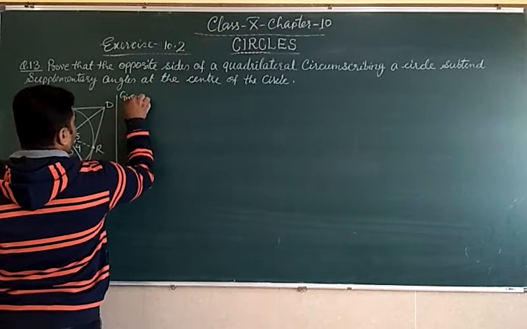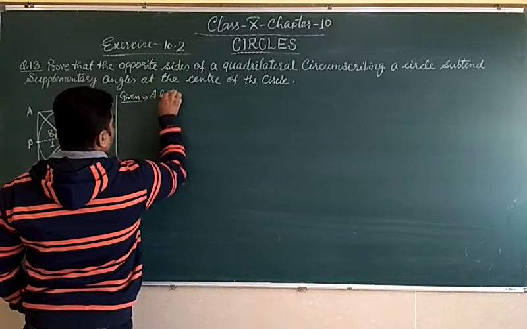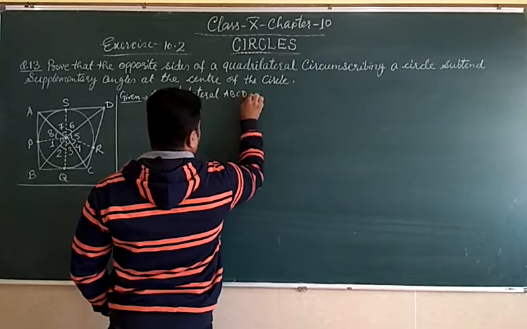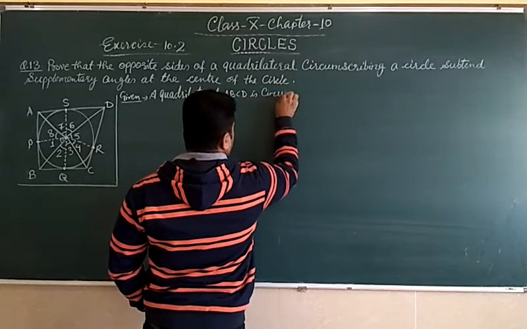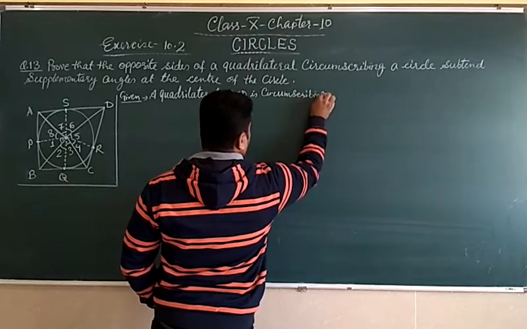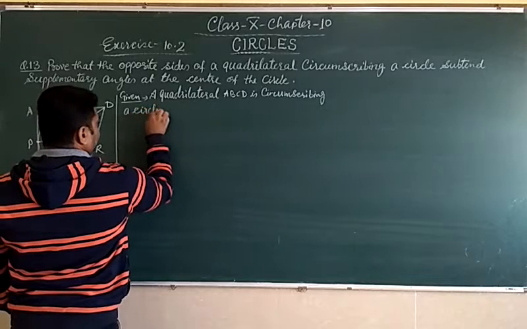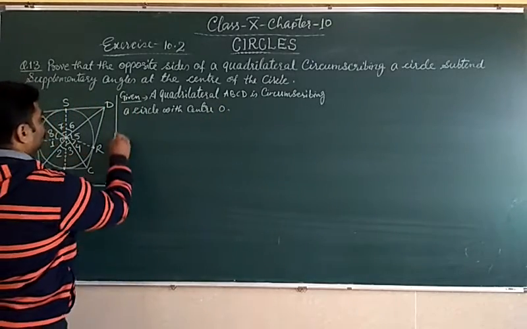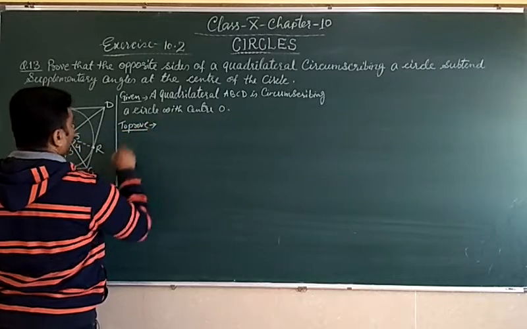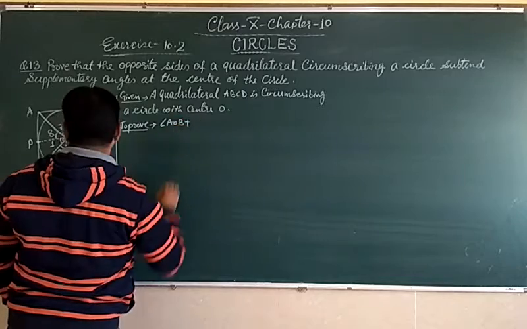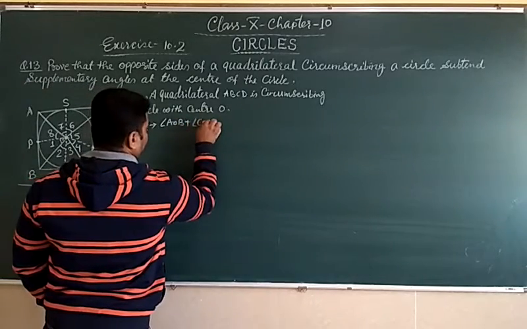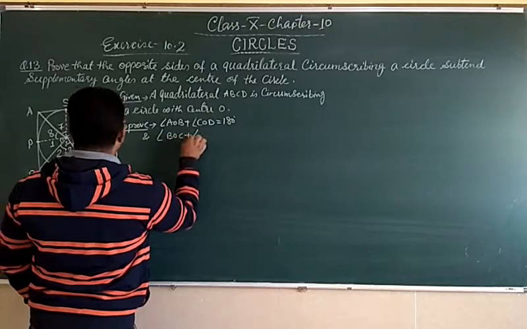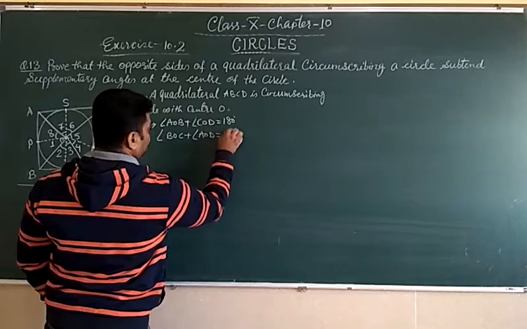Given: a quadrilateral ABCD is circumscribing a circle with center O. To prove: angle AOB plus angle COD is equal to 180 degrees and angle BOC plus angle AOD is equal to 180 degrees.